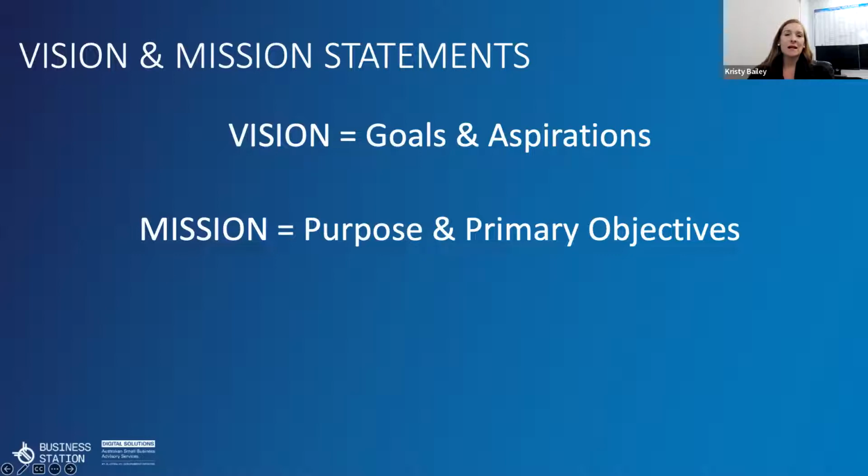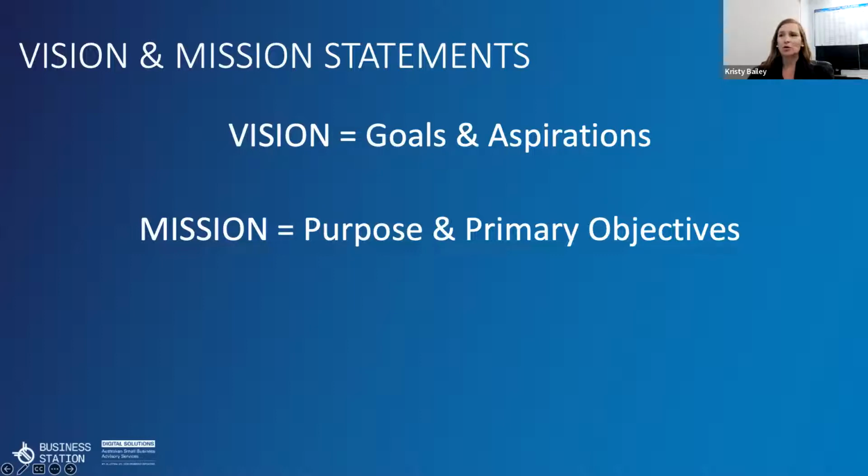So they really explain why you exist as a business to members of your organization and to people outside it. So I find that mission statements tend to be short, clear, and a bit more powerful, whereas the vision statements are more aspirational, probably a bit more fluffy, I guess you could put it. In any case, both a vision or a mission statement should be concise, they should be focused and inspiring, and you really need to do everything you can to make your statement succinct.